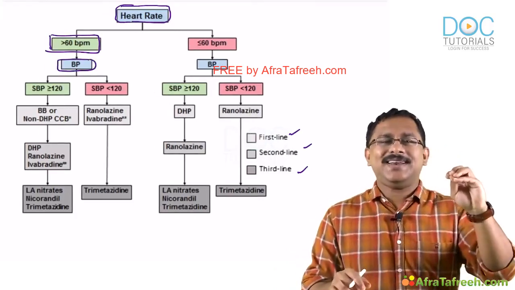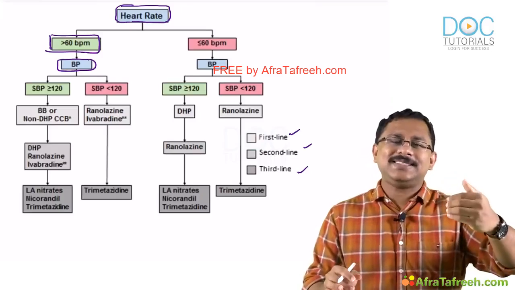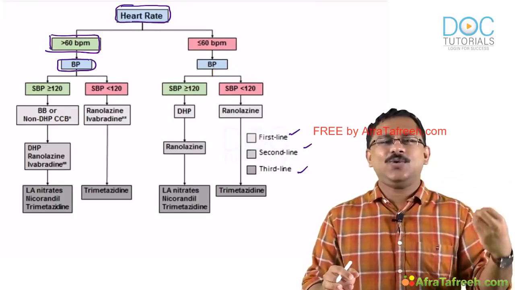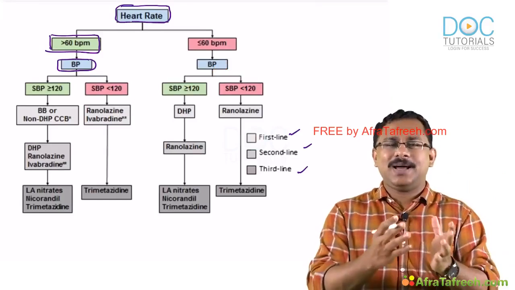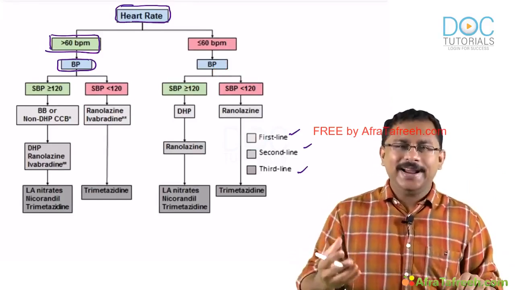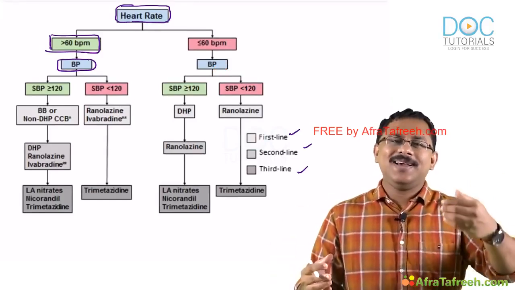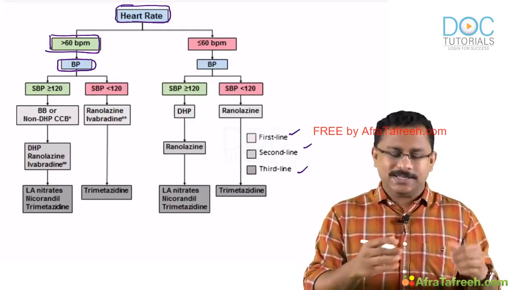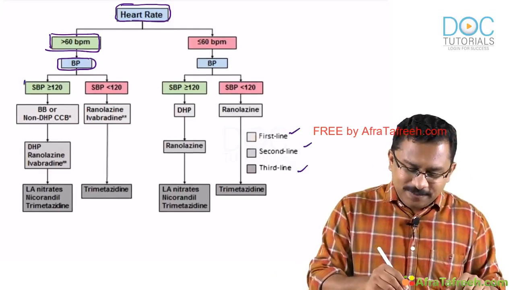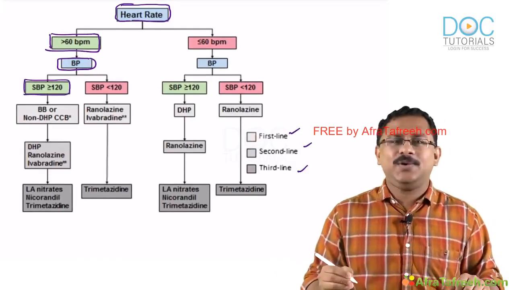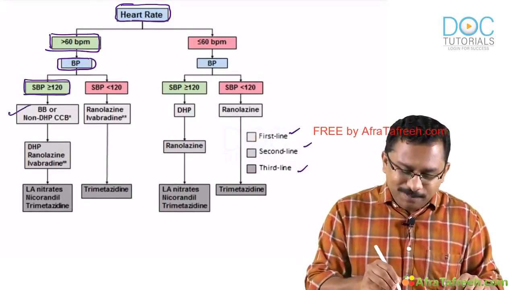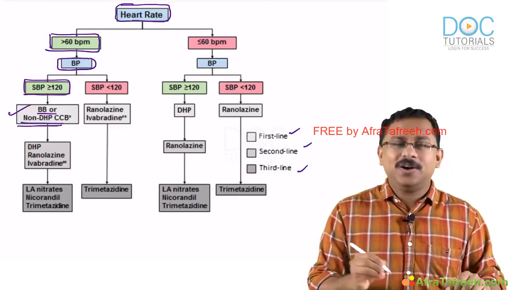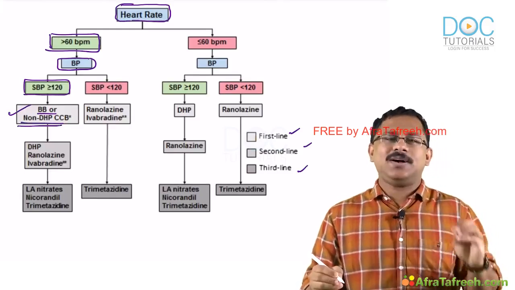Looking at heart rate is important, because if the heart rate is on the lower side, you cannot go for an agent like a beta blocker or a non-dihydropyridine calcium channel blocker, as they will further decrease the heart rate too much. So look at the BP. If the systolic BP is more than 120, you can go for beta blockers or the non-dihydropyridine calcium channel blockers.